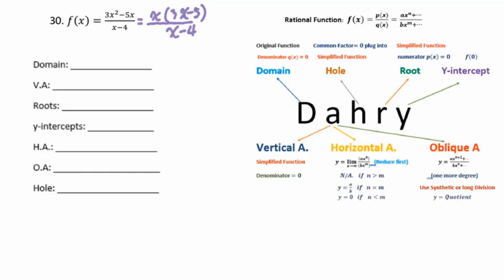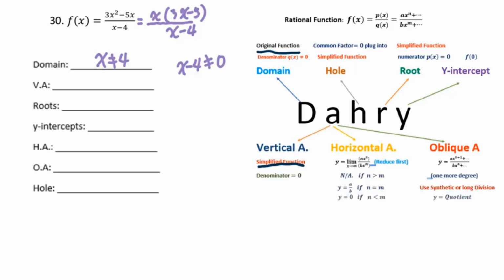For domain, since no common factor for this rational function, the original function equals the simplified function. For domain, we just make the denominator not equal to 0. So x minus 4 not equal to 0. You will get x not equal to 4.